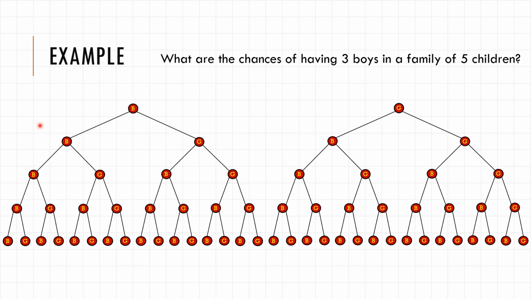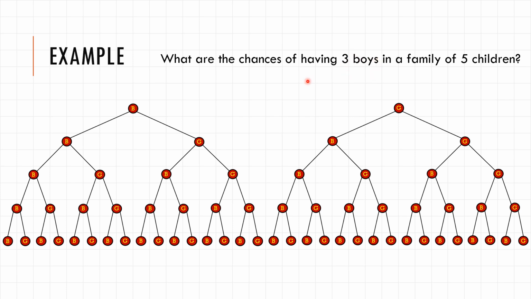So just to give you an idea of exactly what's happening here, each of these end points of this branch represents a different outcome. Suppose we were looking at this outcome right here. Let's trace the branch back. This would mean having a boy, then a girl, then 2 boys, and then a girl. That's one outcome, and that would be an outcome that has 3 boys.